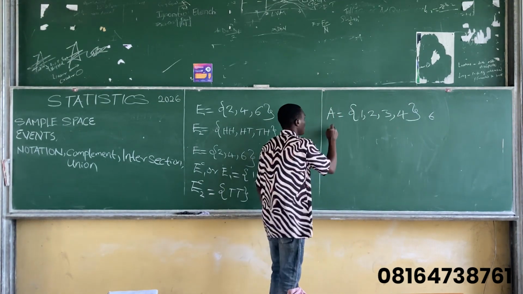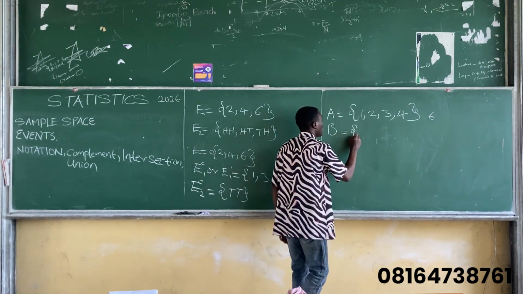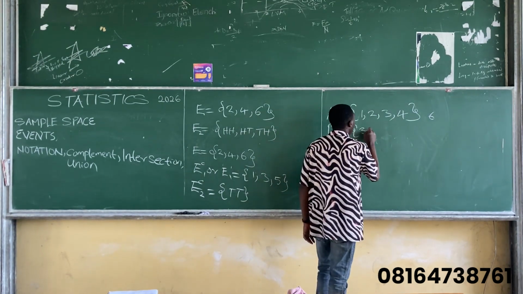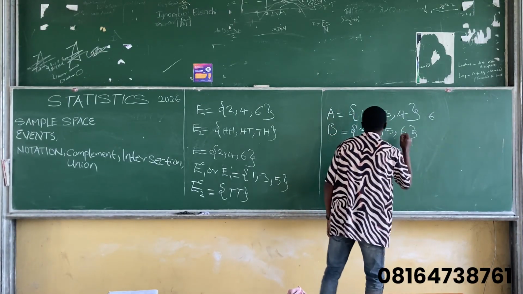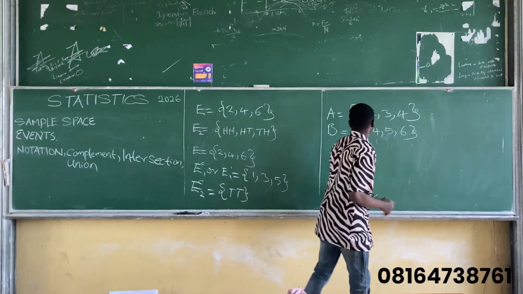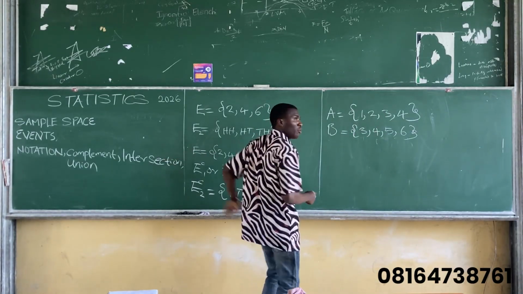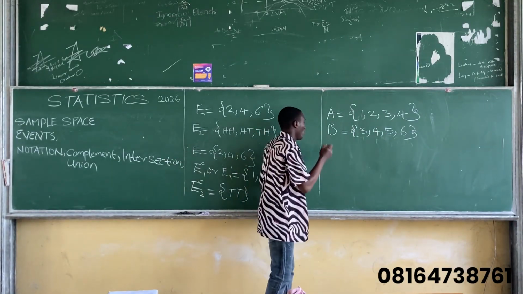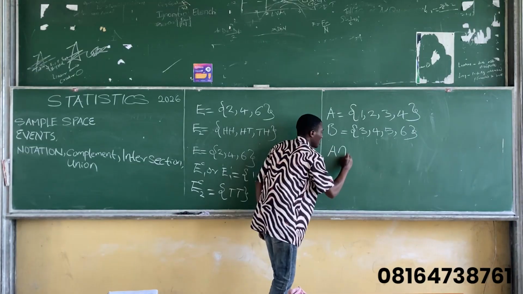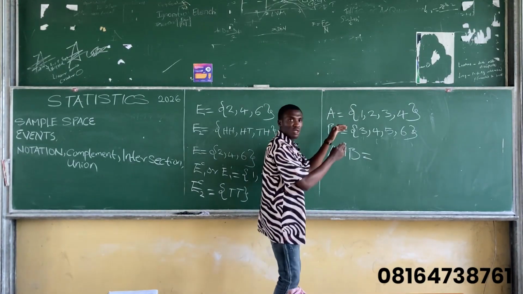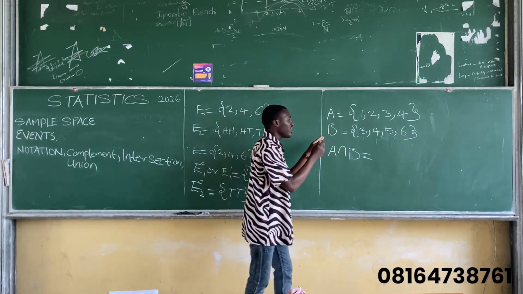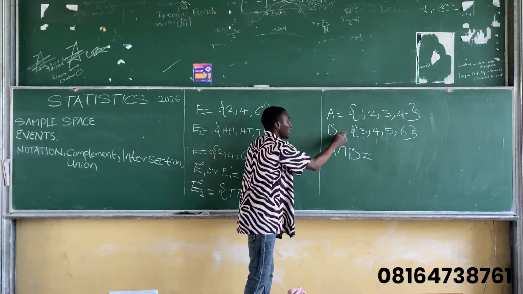And event B being a second set of numbers being 3, 4, 5, and 6. The intersection between events A and B, written as A intersection B, is simply what sample points are in common between event A and event B.